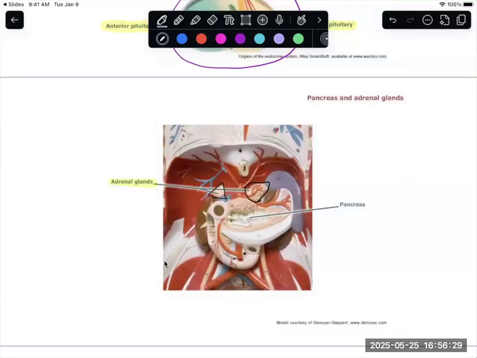Your fluid levels in your blood actually help regulate your blood pressure. Too much fluid is going to increase your blood pressure. Not enough fluid is going to lower your blood pressure. We'll go through that when you get to the chapter on blood vessels specifically. But those mineralocorticoids are regulating your sodium levels because water follows that sodium.